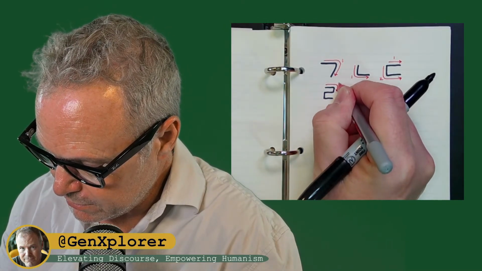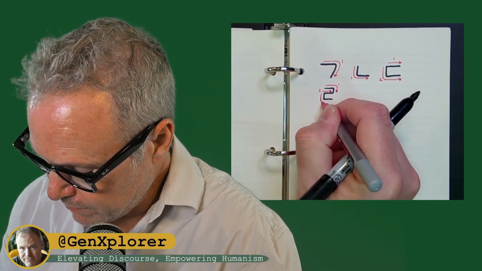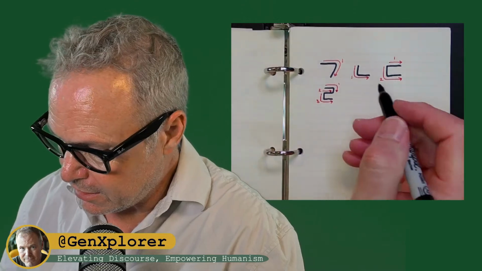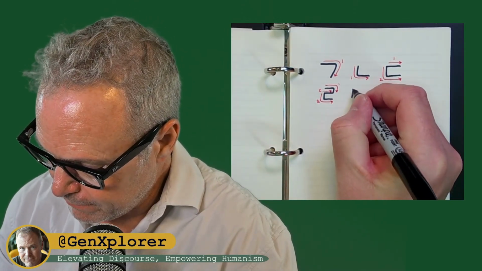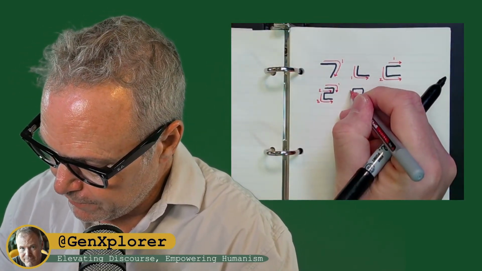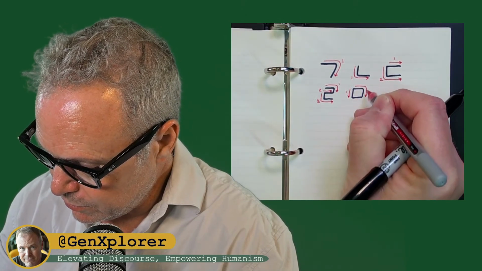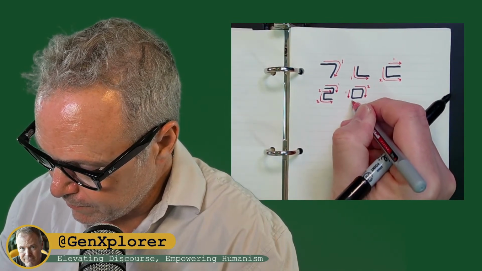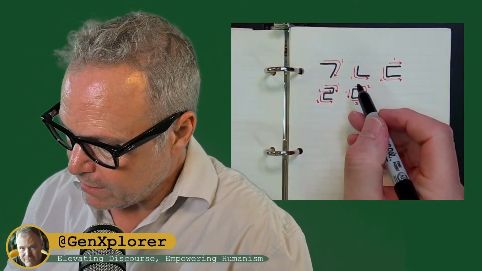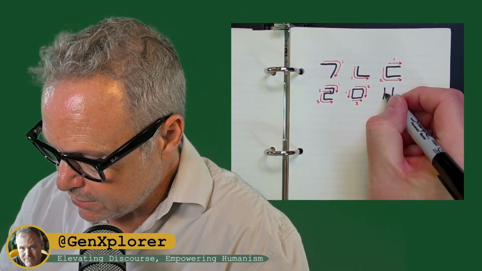Hana, dul, set. Three strokes. Ka, na, da, ra, ma. 1 stroke. 2 strokes. 3 strokes. 1 stroke. Hana. Dul. Set. Ka, na, da, ra, ma, ba. Ha. Dul. Set.